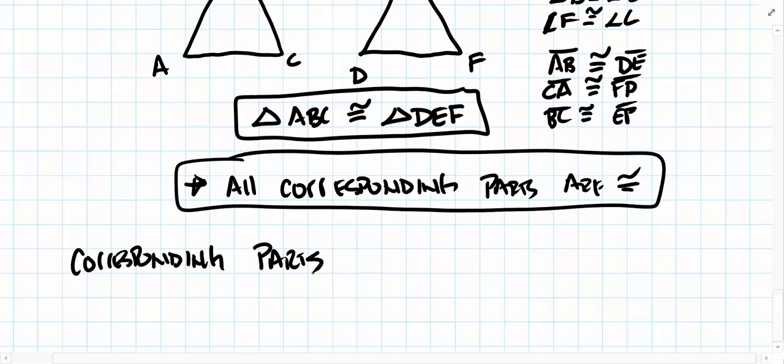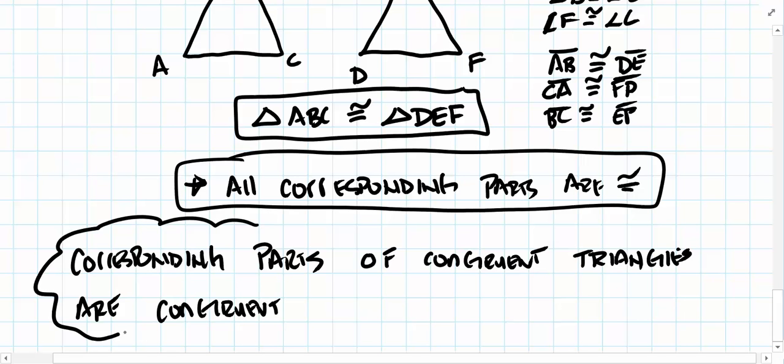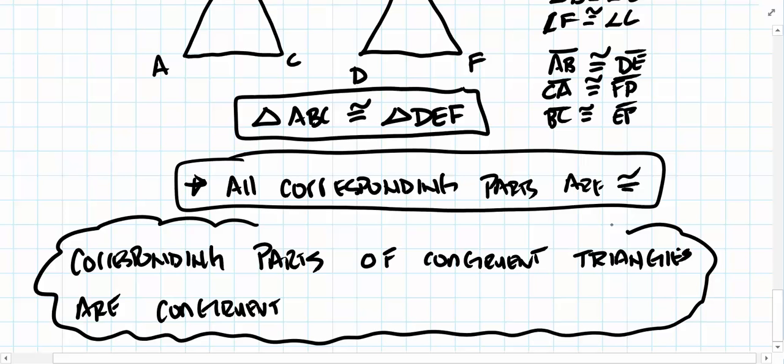No, because we say corresponding parts of congruent triangles are congruent. Okay? This right here, this is the big idea. Corresponding parts of congruent triangles are congruent.